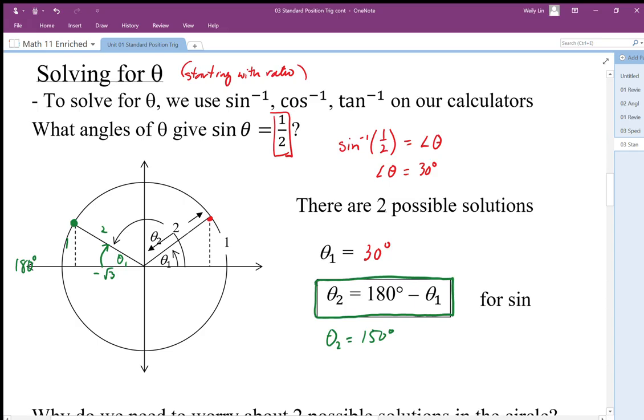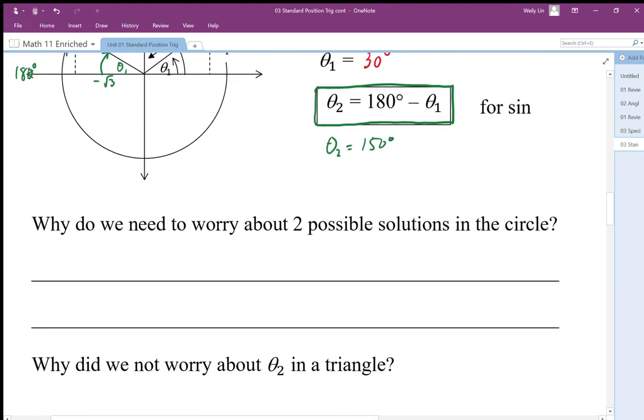If we don't know the quadrant, we have to give both answers. If the quadrant is known, then we have to choose between the two answers. So it's really important that you understand that there are always two possibilities when we're solving for angles, and sometimes we'll give both answers, sometimes you'll choose one of those two answers.